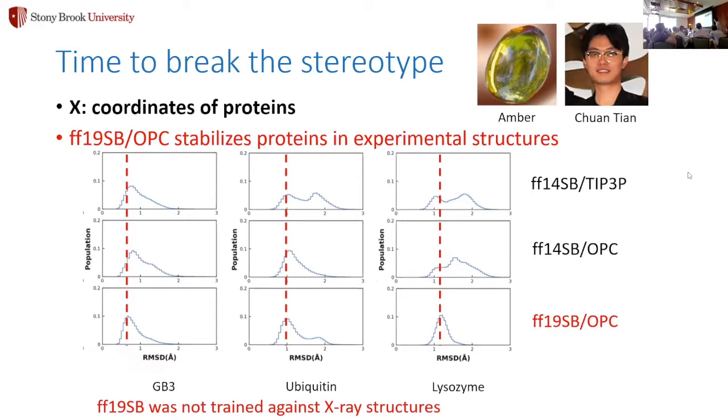You can see overall 19SB plus OPC water model gets the protein to a lower RMSD, which means proteins are getting more and more stable after all these corrections on the force field. Note again, the force field never saw this before during training.